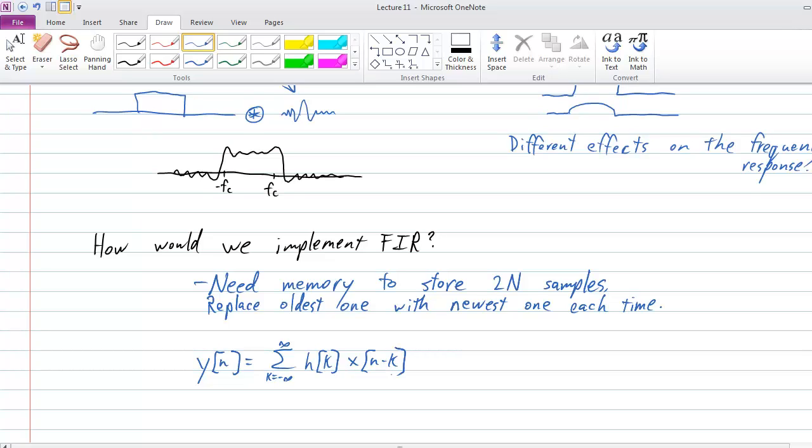But since h is 0 outside of a certain range, this is really k equals 0 to 2n, h of k x of n minus k. So we've stored these in memory. We just do this sum, and we spit it out. Okay, so there we could actually, in real time, implement this filter digitally.